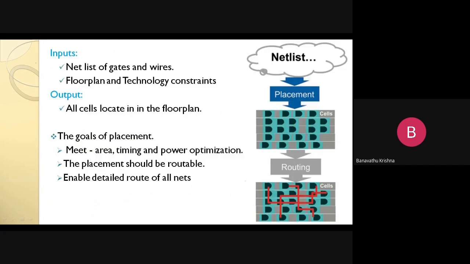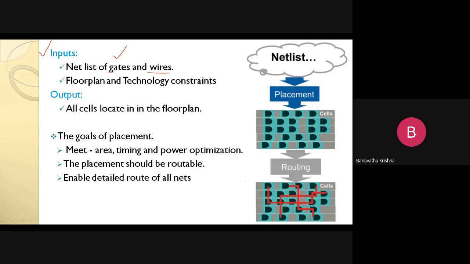Here the major part of the input is the netlist of gates and wires. First I want to place the gates, that is the placement. I am going to place the different types of gates here. After placing these gates, I want to make the connections by using wires.